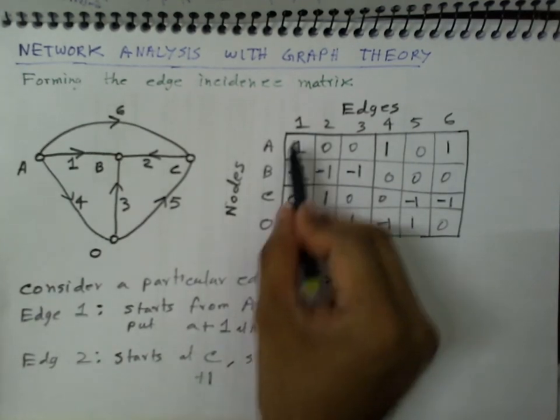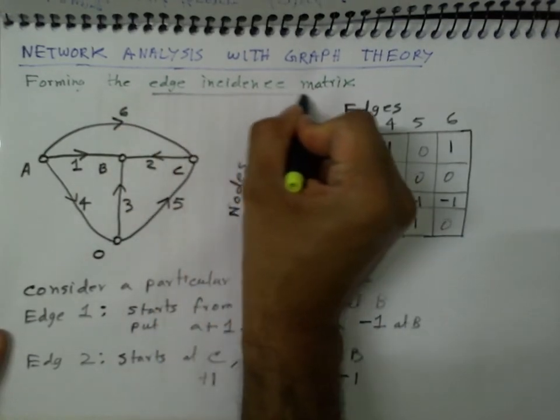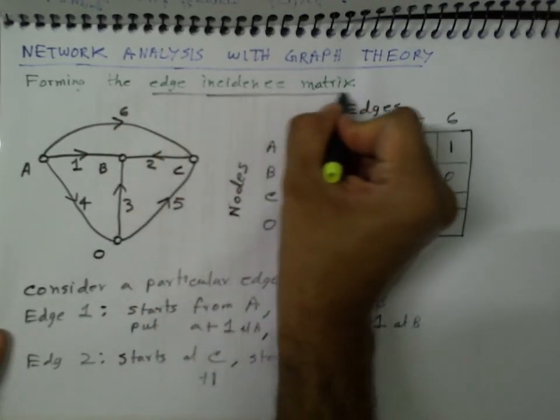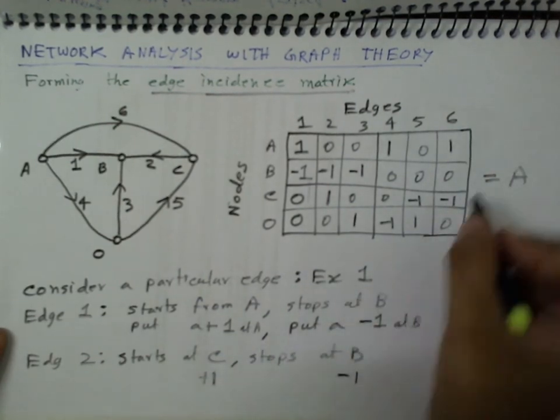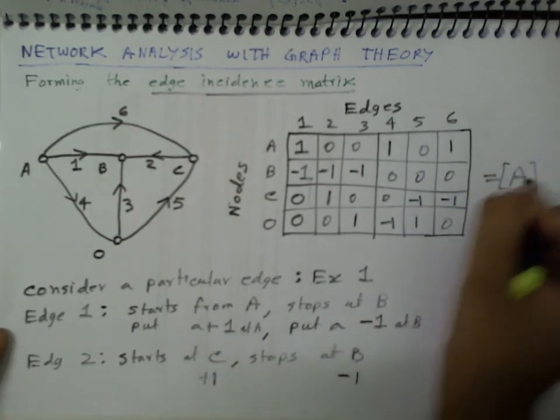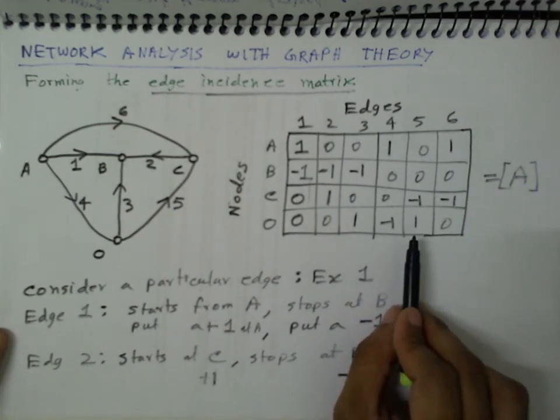Okay, so this is called an edge incidence matrix or simply incidence matrix, and it's generally denoted with the letter A, capital A. Okay, so this is how to form an edge incidence matrix.